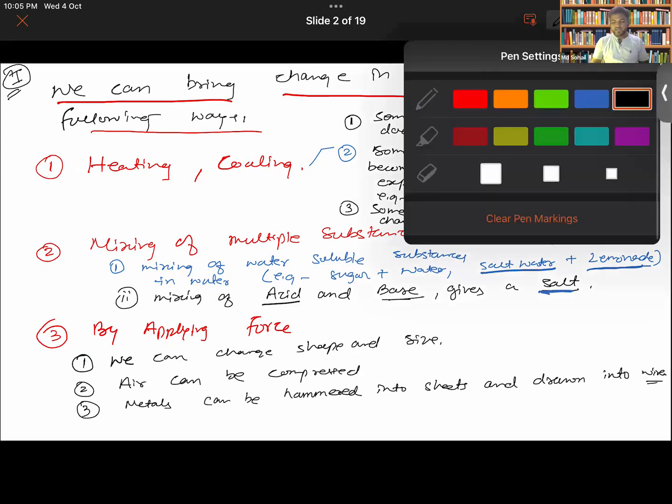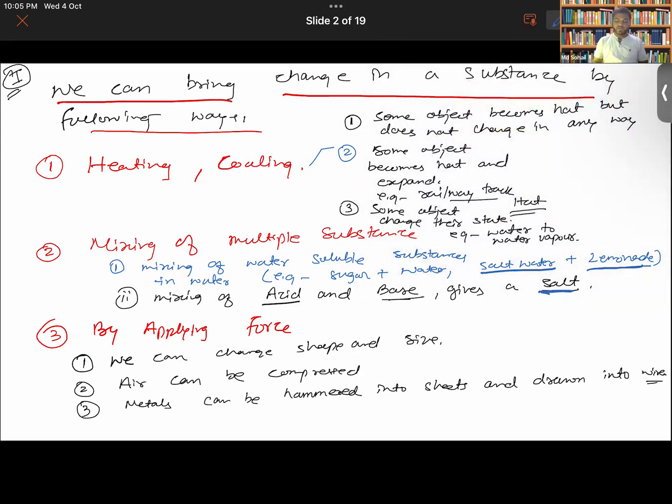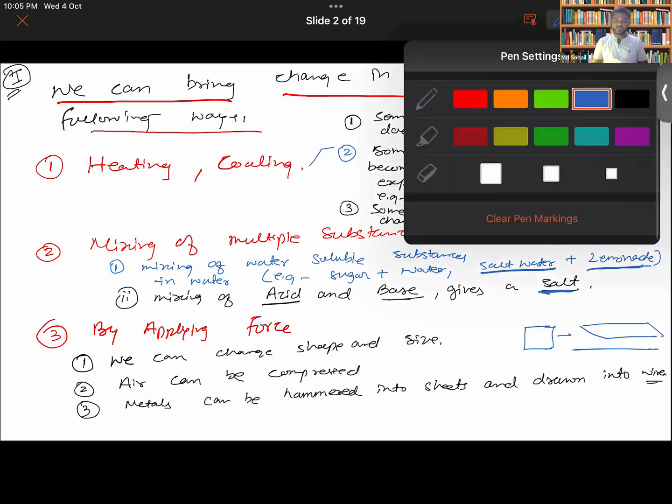So thereby also there is a change now. Like you had a solid piece of iron like this, now it has been made into sheets like this, or into wire like this. यहाँ पर भी change हो रहा है ना, right?